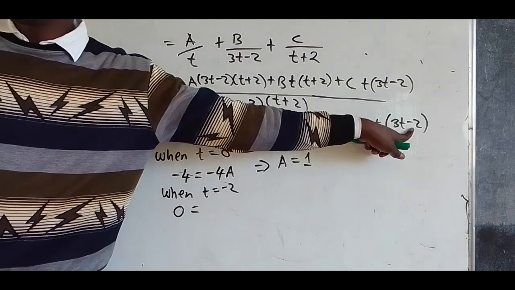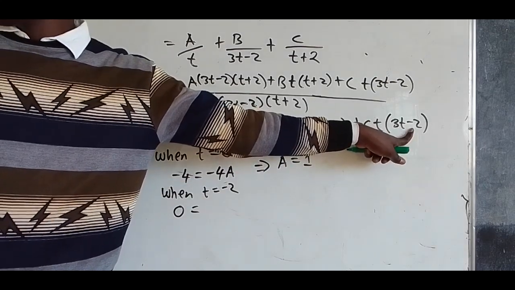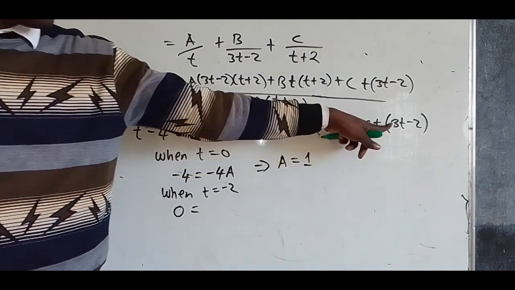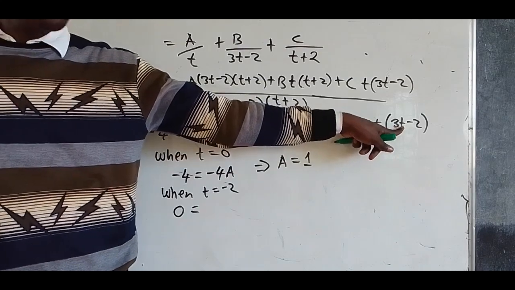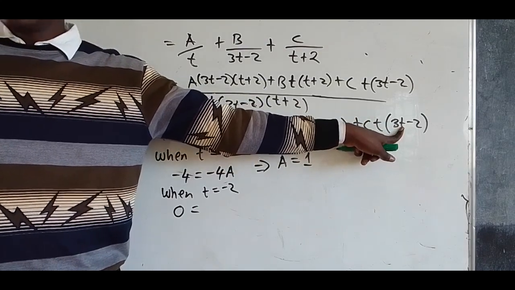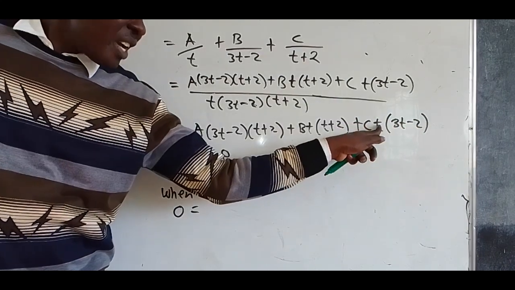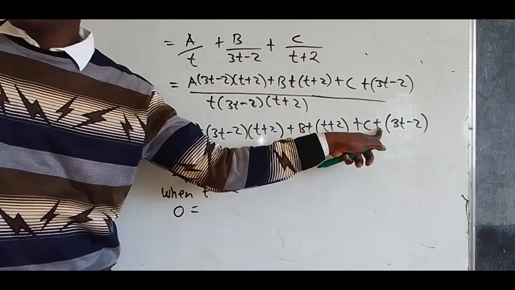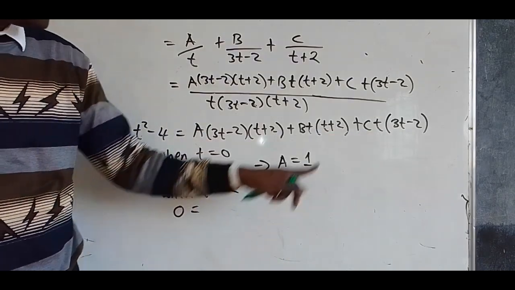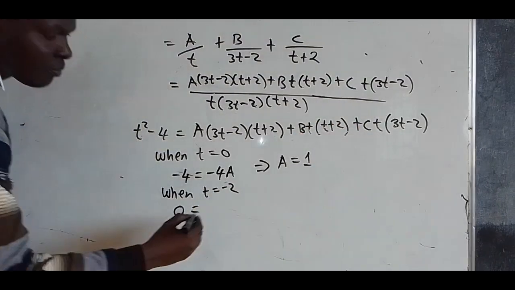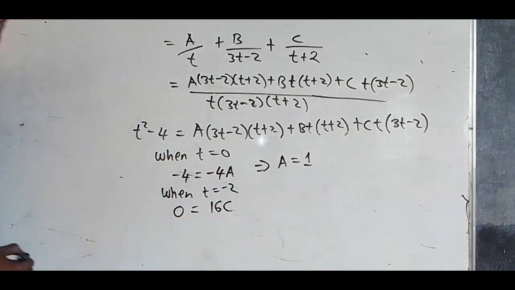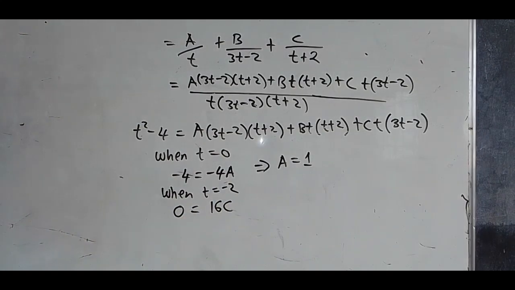So we'll only remain with that term, isn't it? So this term will be 3 times negative 2, negative 6. Negative 6 minus 2, negative 8. Negative 8 times negative 2, this which is outside, positive 16. Positive 16 times c, 16c, isn't it? Now if you have this 0 is equal to 16c, what is the value of c?